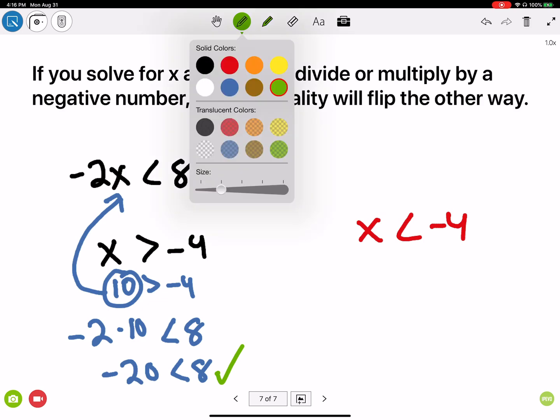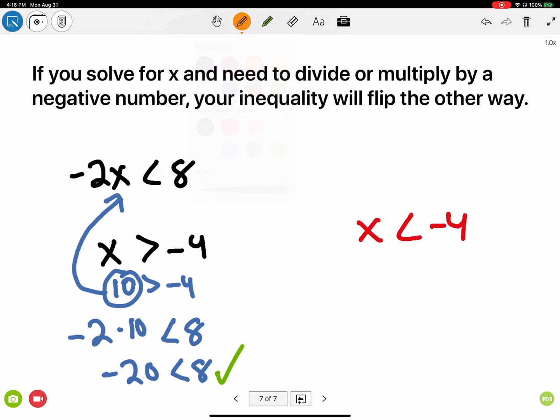Okay, so let's choose a number on the other side. x is less than negative 4. Now I'm going to use negative 10 because negative 10 is less than negative 4. All right, so now I'm going to plug this negative 10 into the same x.